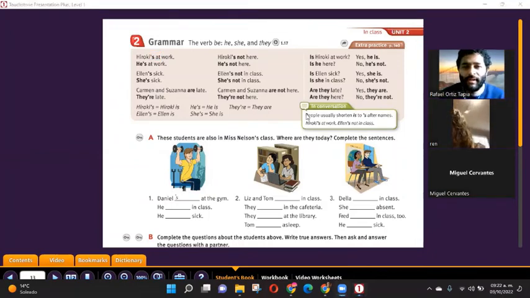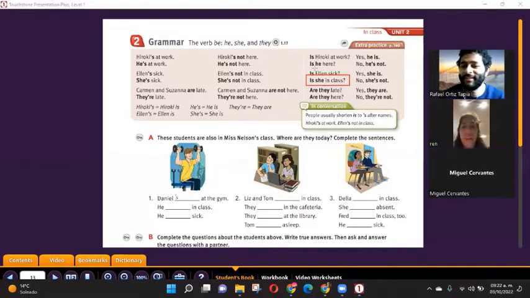Okay, so how would you pronounce this phrase right here? Is she in class?